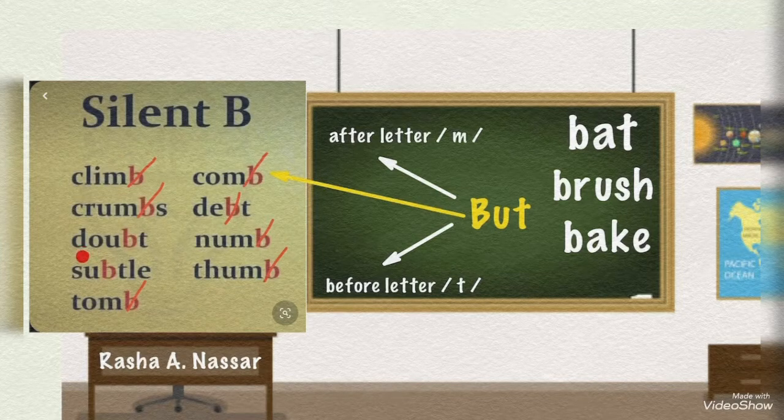And here, doubt. Again, silent letter. Why? Because it comes before letter T. And here, subtle. I will not read letter B. Why? Because it comes before letter T. So let's read the words again.